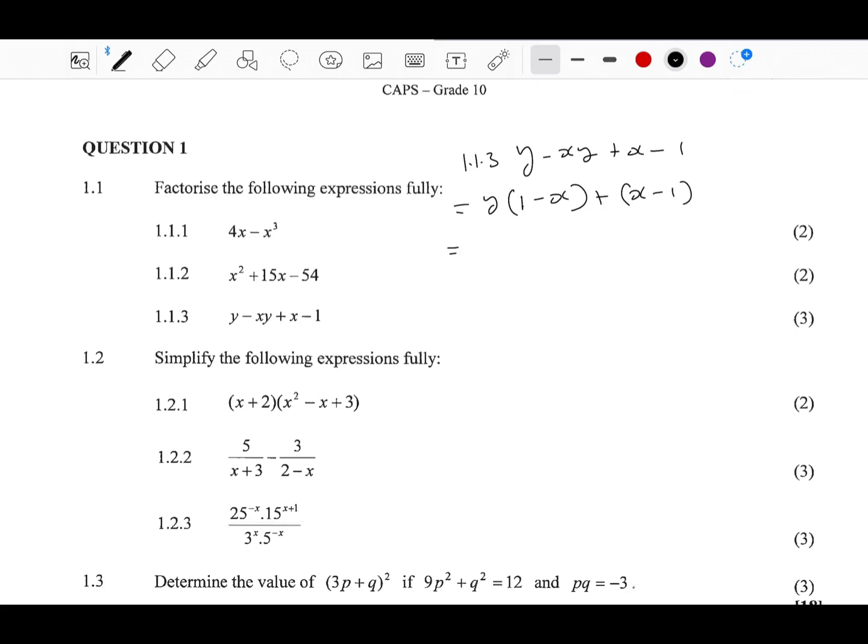And from here, you actually can factor out negative 1, or multiply this whole thing by negative 1.